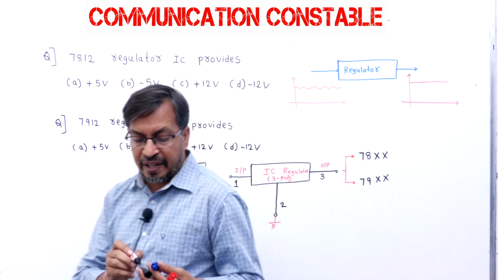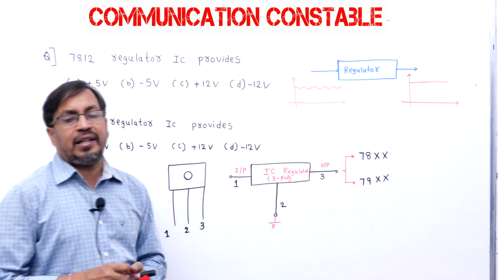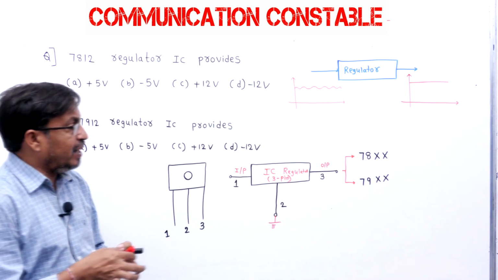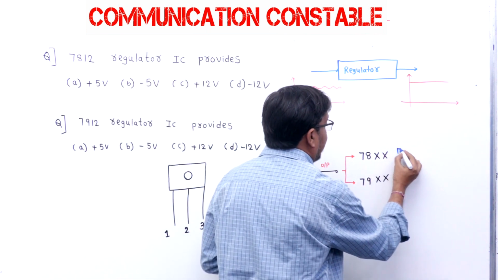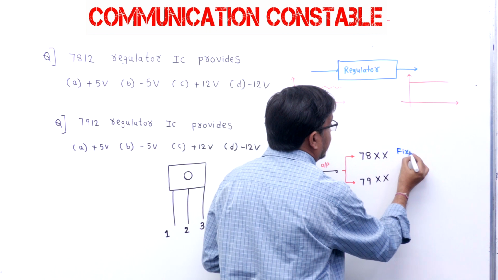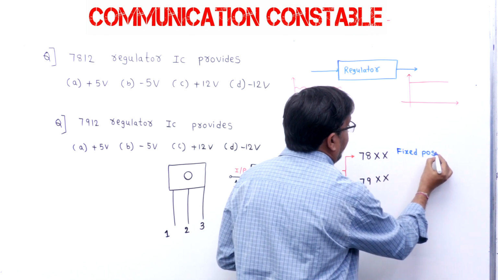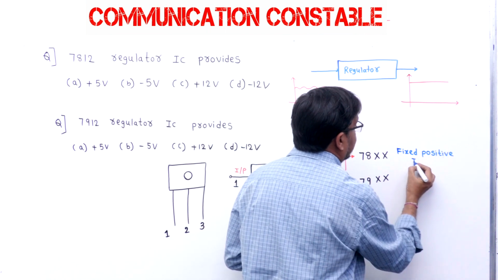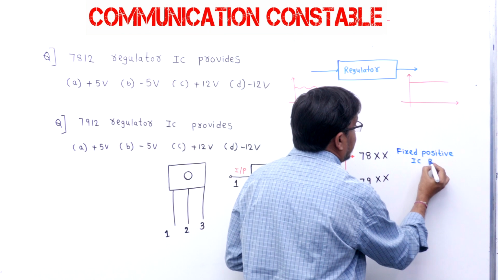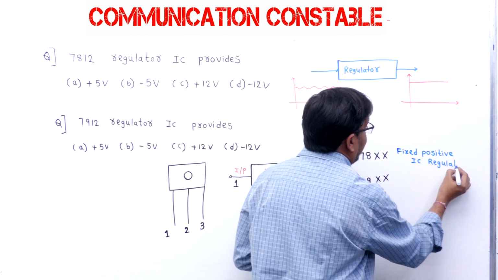78XX, 79XX both are 3 pin IC regulators. Here 78XX is a fixed positive IC regulator. What is a fixed positive IC regulator? 78XX.